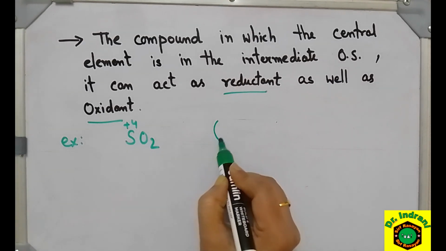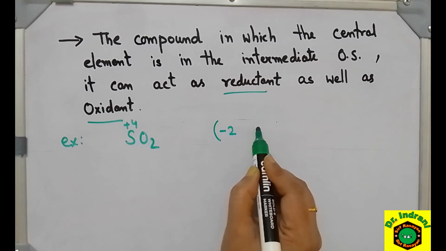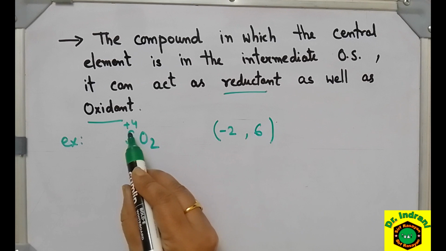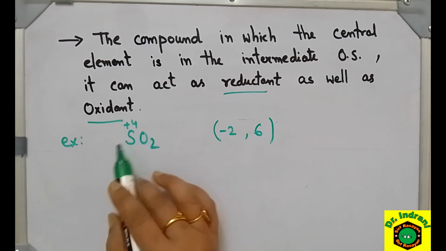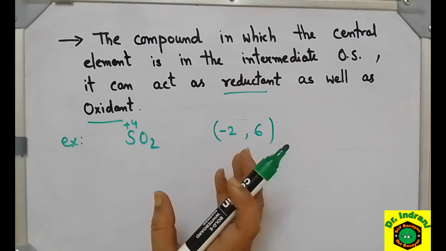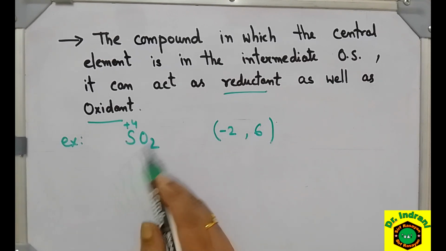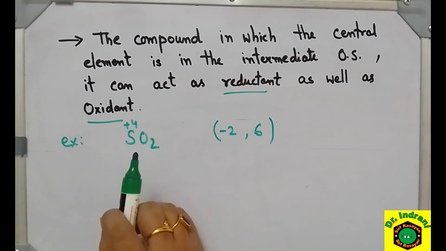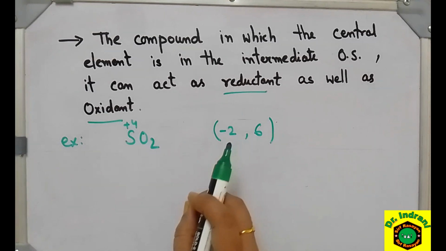It is having lowest oxidation state -2 and highest oxidation state +6. So it is in intermediate oxidation state. So it can act both as oxidant and reductant, because for sulfur increment of oxidation state and decrement of oxidation state both are possible. Now we will do 1 or 2 questions.